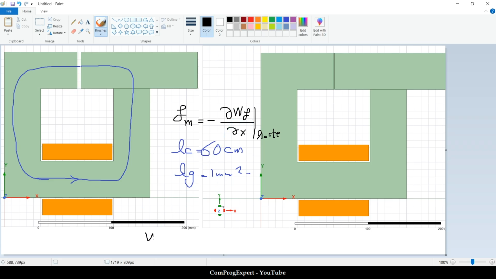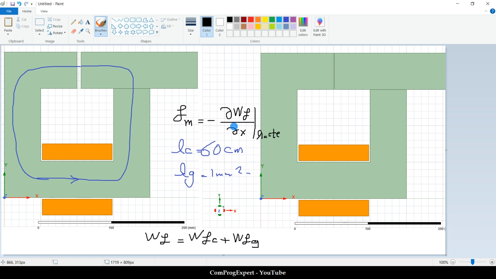The energy is the summation of the energy in the core plus the energy in the air gaps that we can have. So here we have one air gap. This is the energy stored in these two cores, the iron part, plus the energy stored in the air gap.